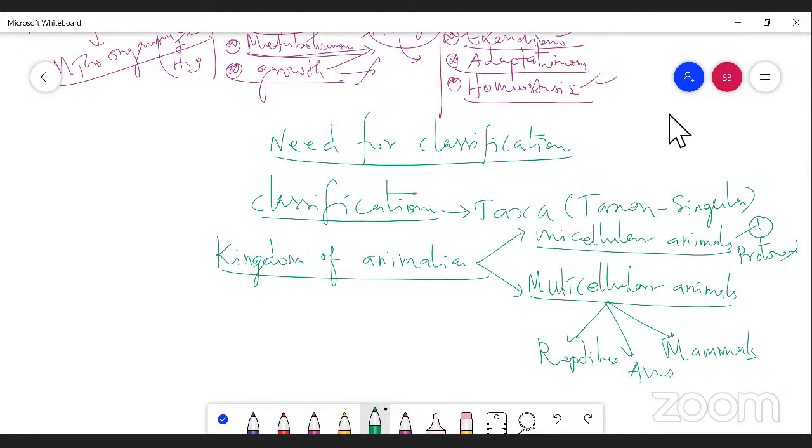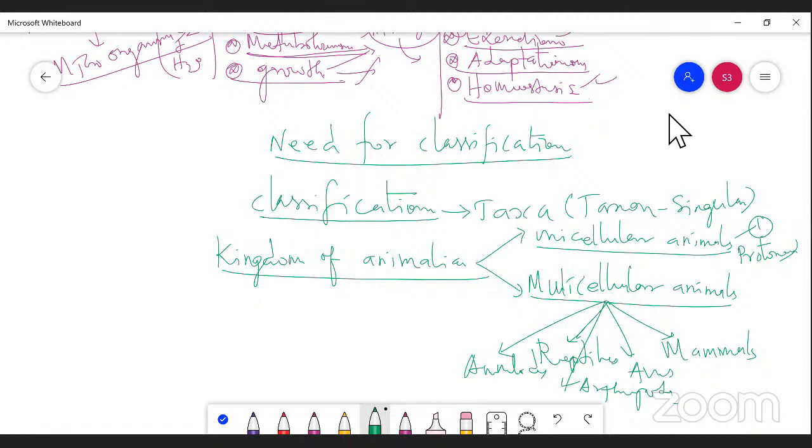Avian means bird populations. Another is larval forms, otherwise called annelids. Another category is insects, which are arthropods. These are the various categories of animal classification.